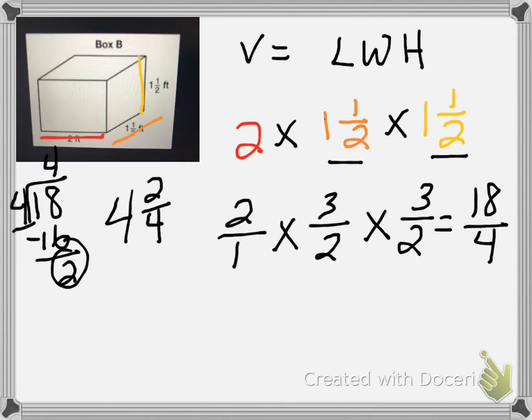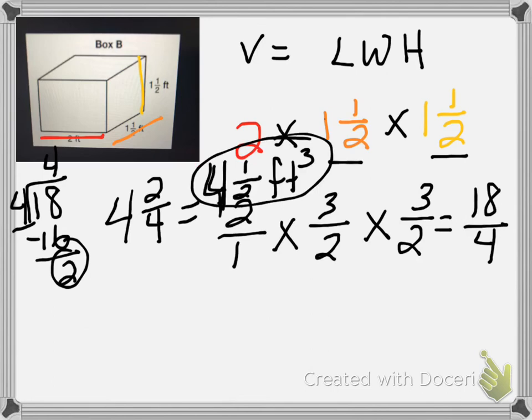This is not simplified. We can simplify this further. So we need to do that. Then whole number 4, and then 2/4, both 2 and 4 can be divided by 2. So 2 divided by 2 is 1, and 4 divided by 2 is 2, and we have feet cubed.